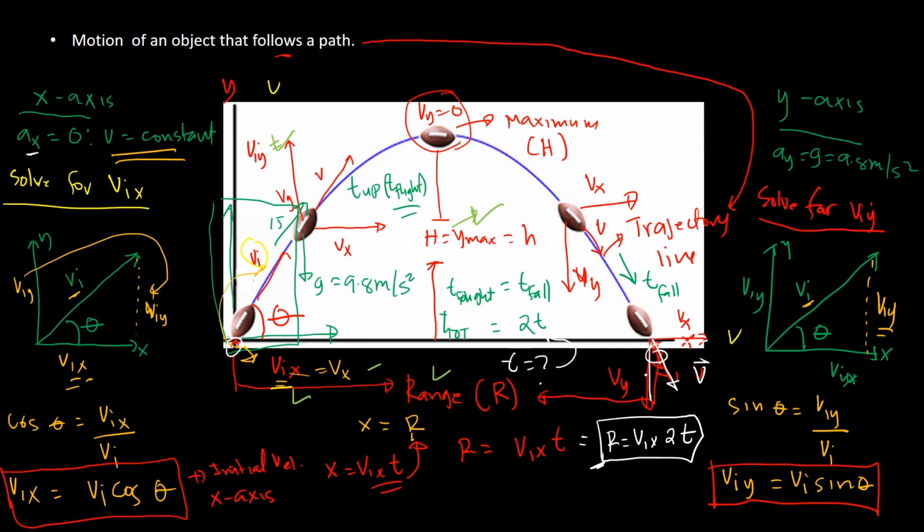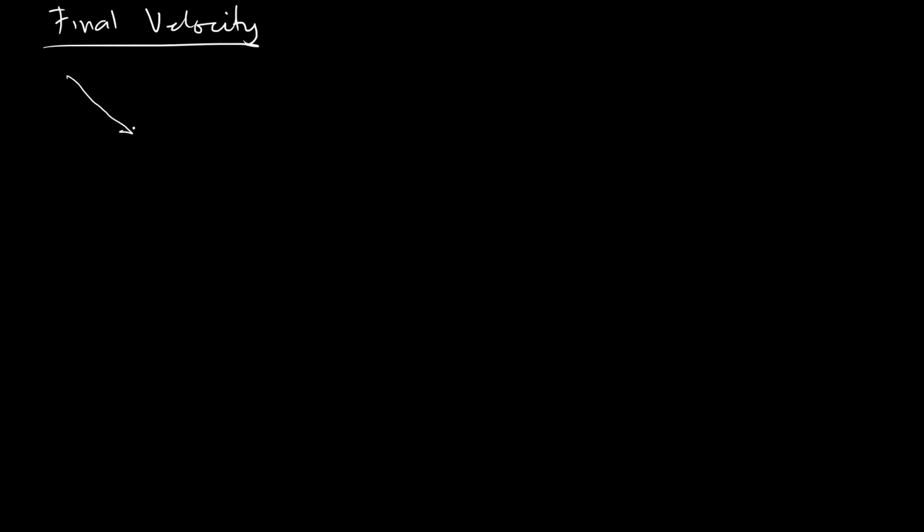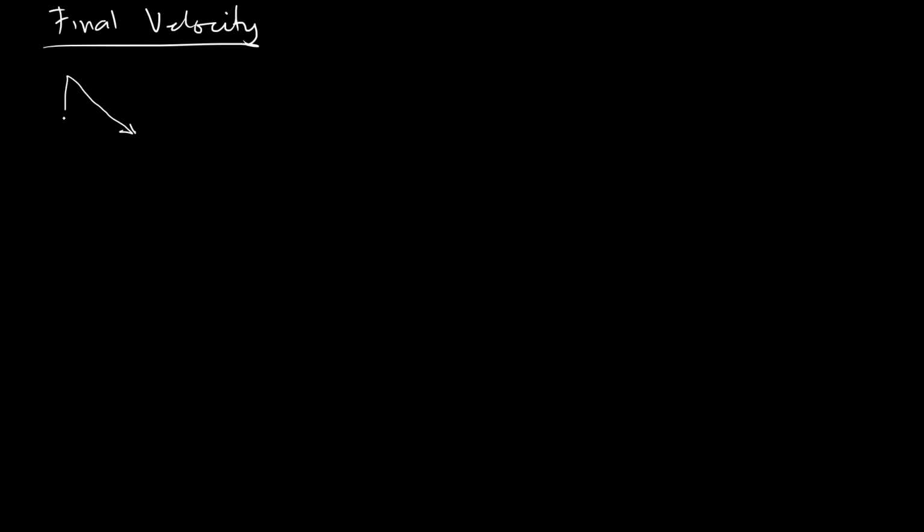We will just use the Pythagorean theorem, because if this is the path of the ball, this is our vertical component, and this is v sub x, this is v sub y. This will be our final velocity, and we can solve this by applying the Pythagorean theorem.